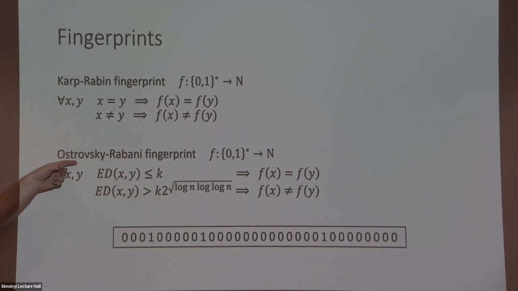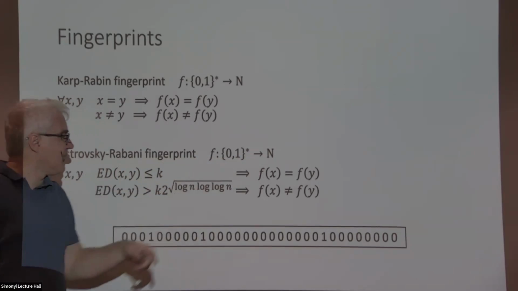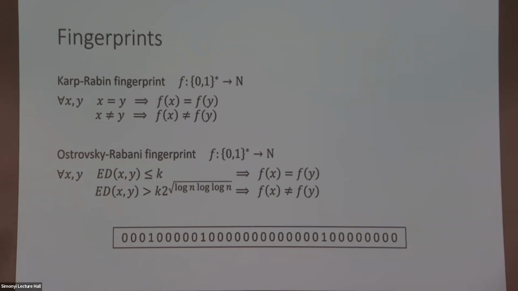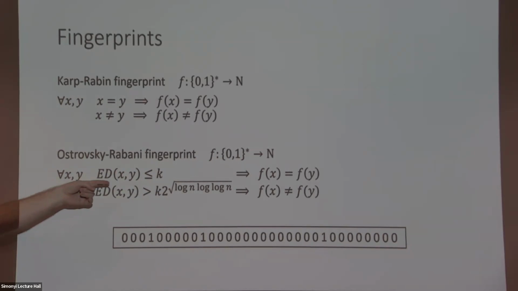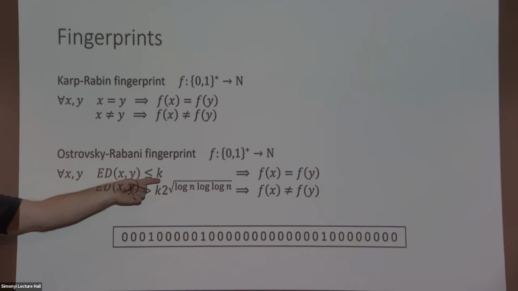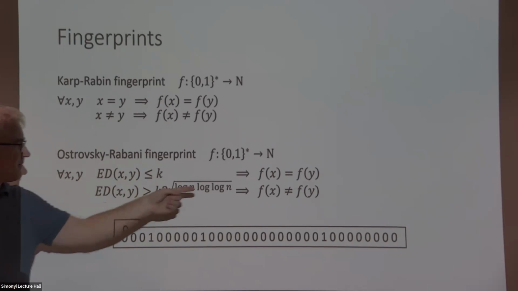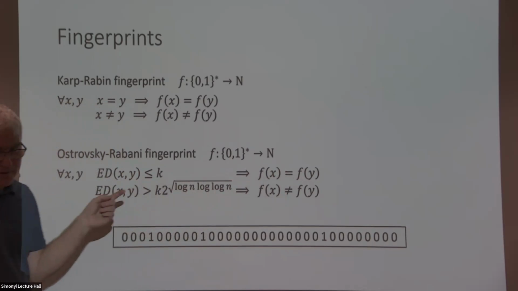But there is something more interesting, and that's the Ostrovsky-Rabani fingerprint, which you can derive from basically the work of Ostrovsky and Rabani. You take strings and map them into an integer, and it has the following property. It's parameterized by k, so you have to choose what k is. If the edit distance of x and y is at most k, then the fingerprints will be the same with high probability.